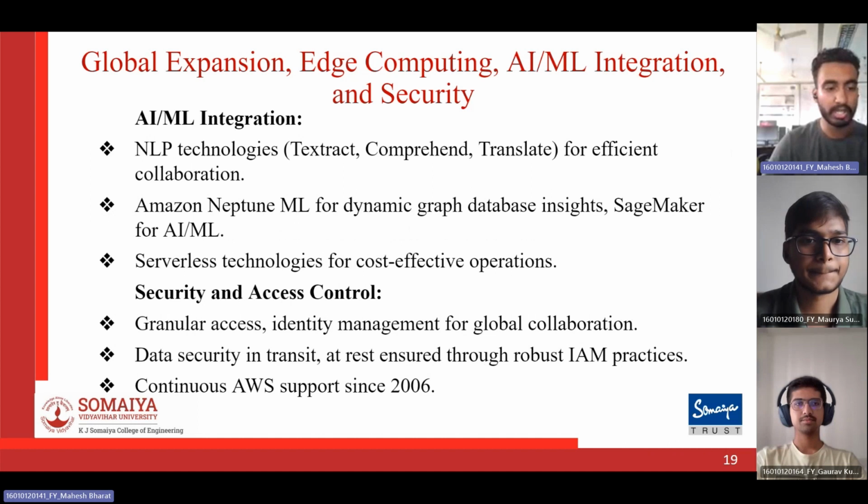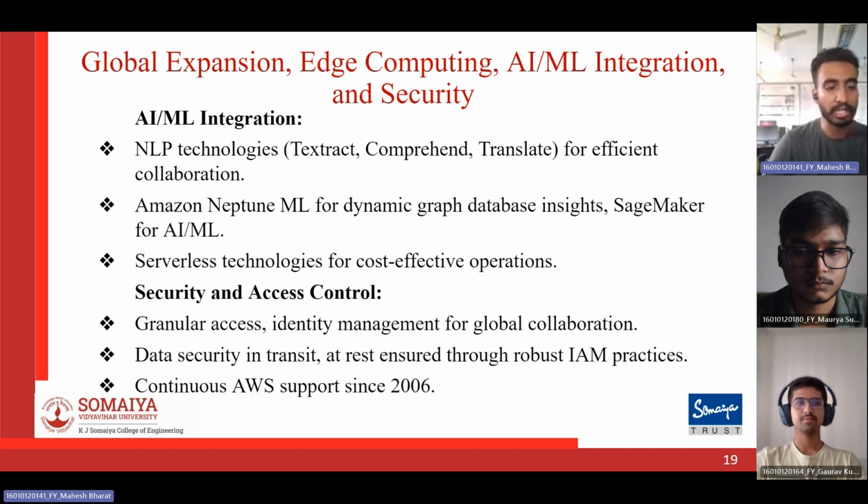When we're talking about AI/ML, which is present in every layer of MBSE, AWS integrates NLP technology for efficient collaboration. Amazon Neptune ML offers dynamic graph database insights, while SageMaker provides a wide array of AI/ML algorithms. Serverless technologies are employed for cost-effective transactional operations and CRUD activities, enhancing efficiency.